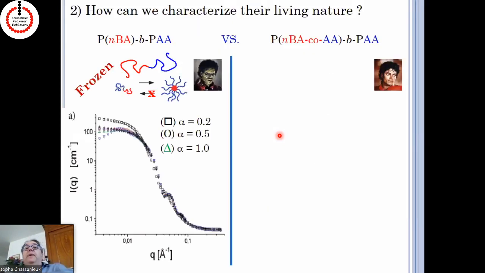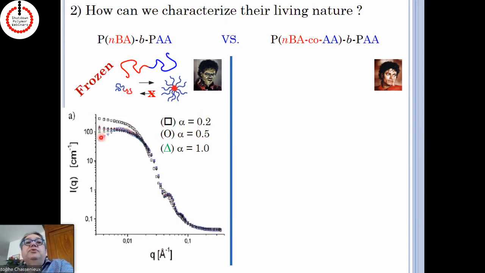So if I go back to this result, what you can see here is that whatever the ionization degree of acrylic acid, all the curves decrease in terms of intensity exactly at the same value of Q, which means that the size of the particles has not changed at all, whatever the ionization degree.